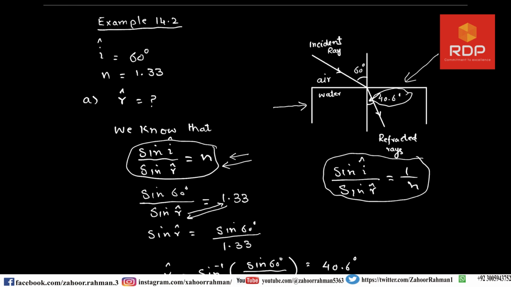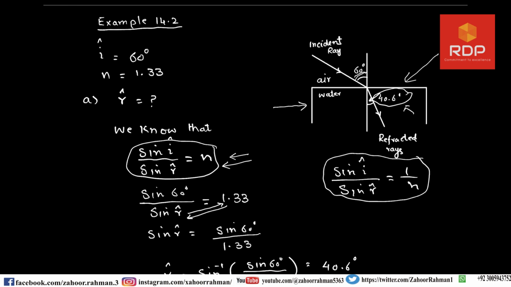The angle at which the light ray is incident upon the air-water boundary is now 40.6 degrees. Remember that now this 40.6 is the incident ray, and we have to find this angle in this case.